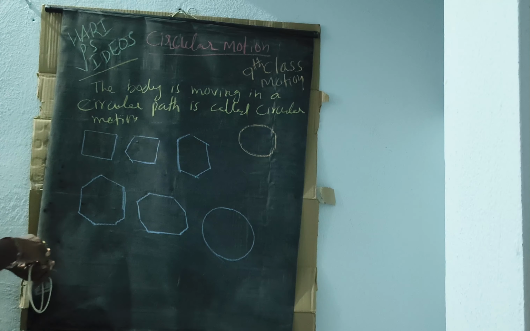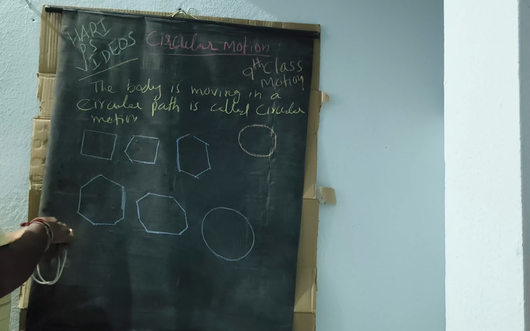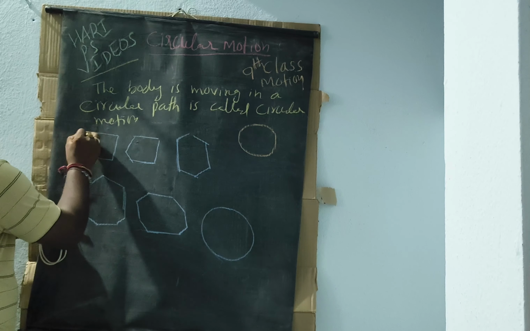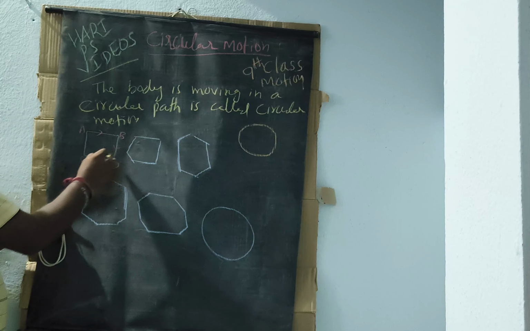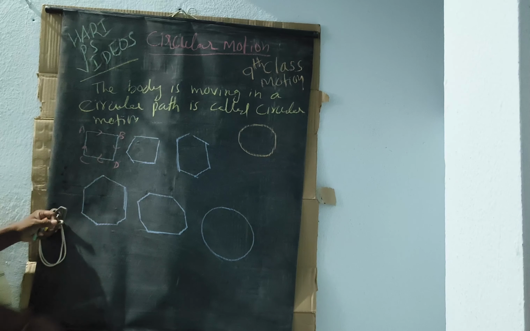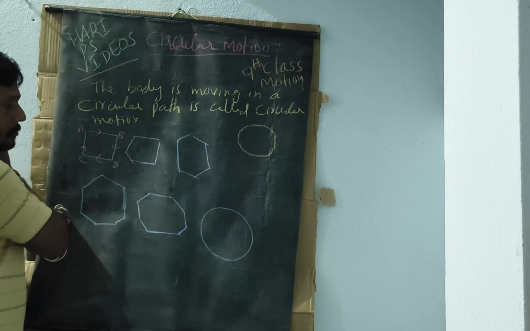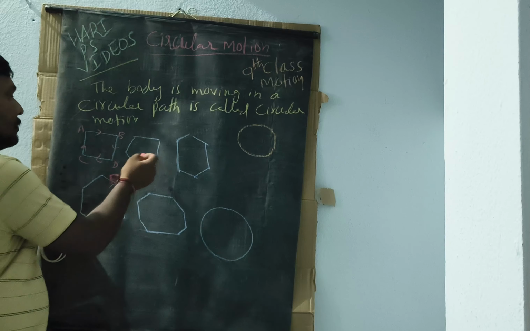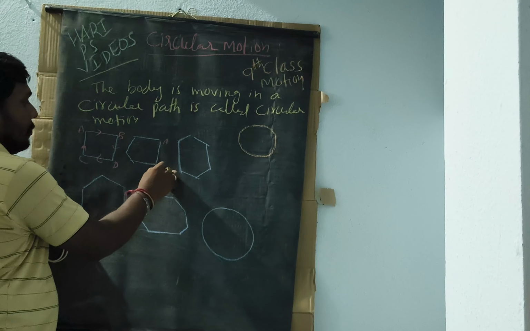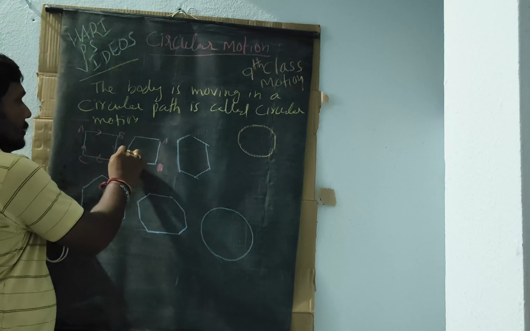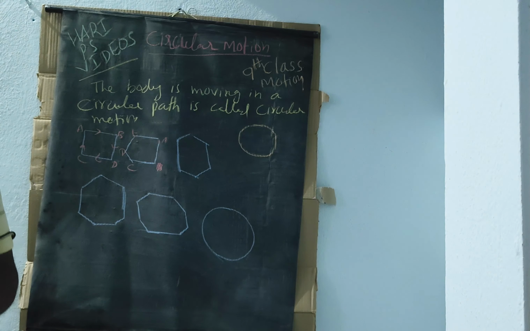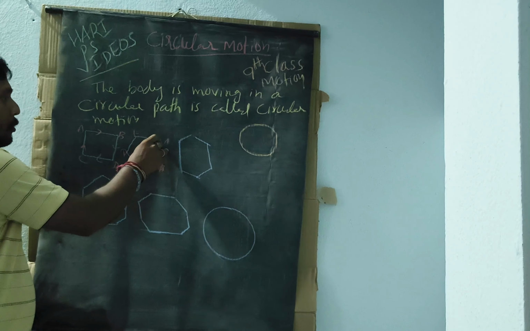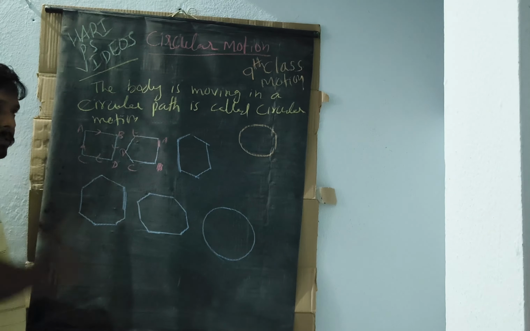For example, in a square track A, B, C, D, the athlete must change direction 4 times. In a pentagon, A, B, C, D, E, how many are there? 5 times he is able to take turns.